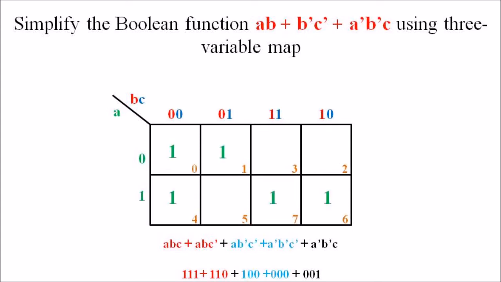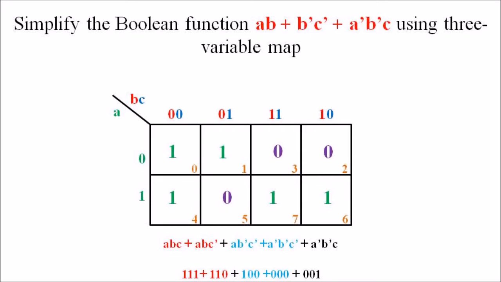That is, 0, 1, 4, 6 and 7 are represented with 1 in this K-map, and the rest of the cells are represented with a 0. Thus, the given Boolean function AB plus B bar C bar plus A bar B bar C can be represented in the K-map by using these 5 different cells, that is the cells 0, 1, 4, 6 and 7.